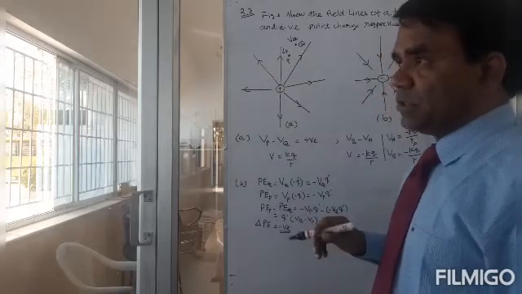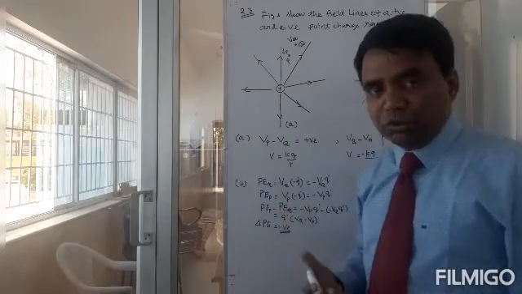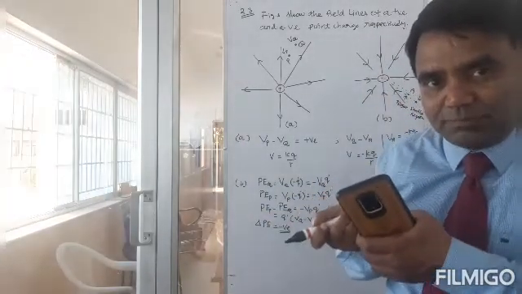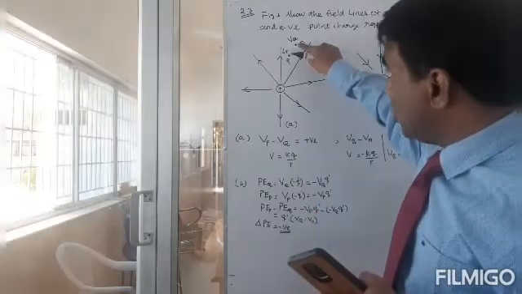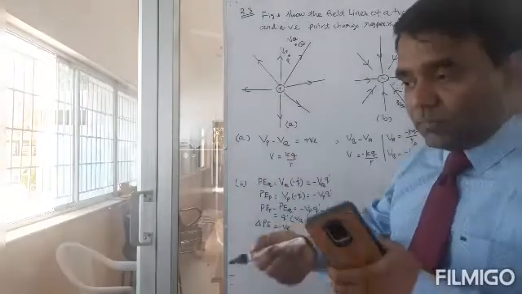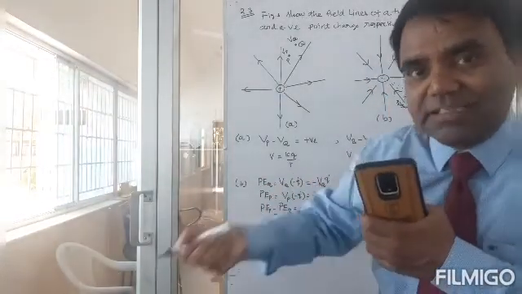So, what would the external force do in this case? It will try to restrain it from getting accelerated. So, the negative charge will be moving in this direction, but the external force will be trying to restrain it from getting accelerated.